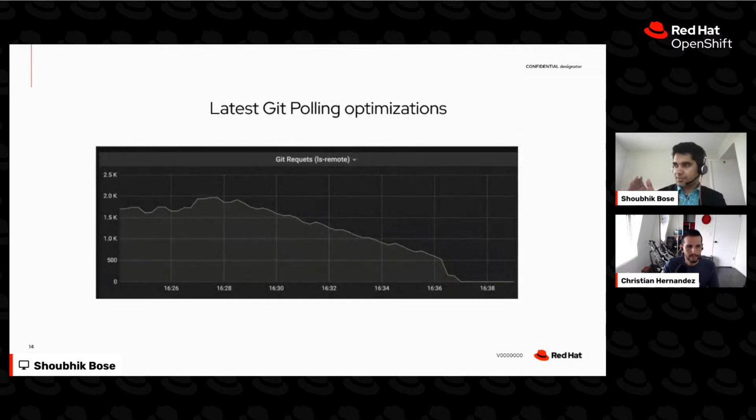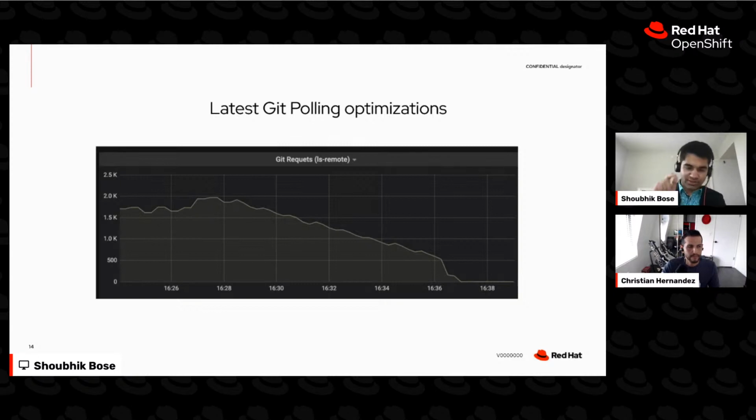There are some interesting optimizations that have happened, and they will be available in this release, 1.3.1 or 1.3.0, which is we've been able to reduce the number of Git polls that happen from your cluster. This is an example we took from a test. So the way it works is, today, we poll Git per Git repo.